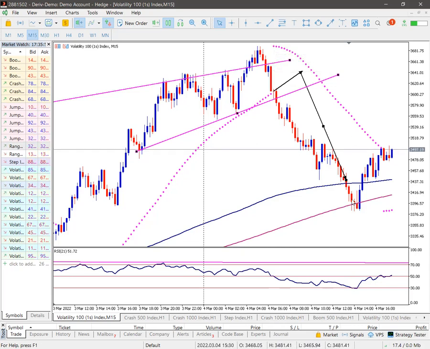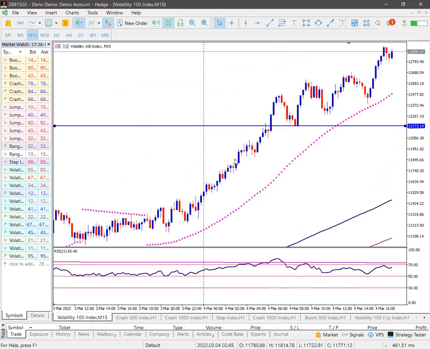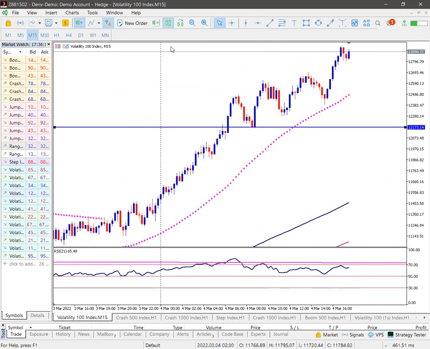So we missed this in the morning. So let's wait for it, I've not seen any other setup. The only one that I'm waiting for is volatility 100, this one.